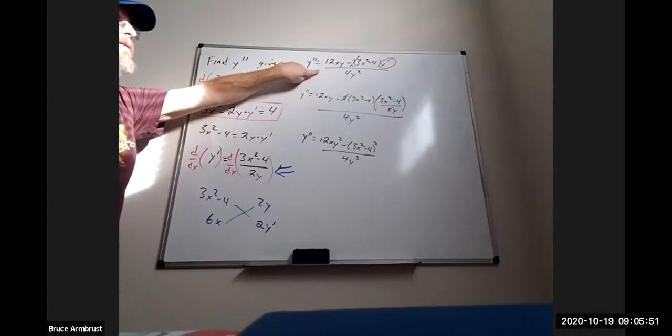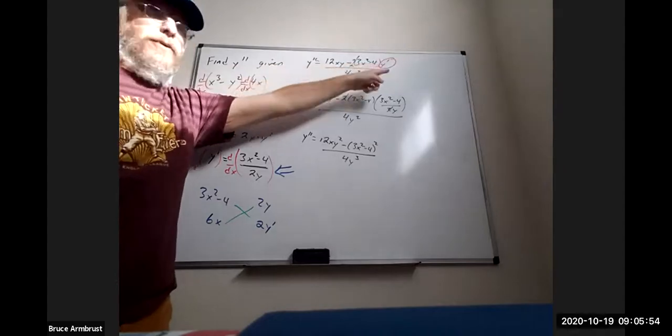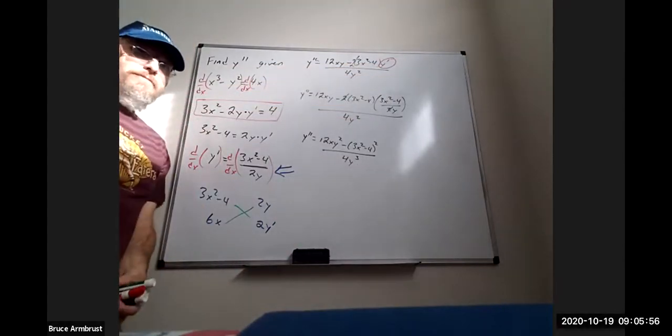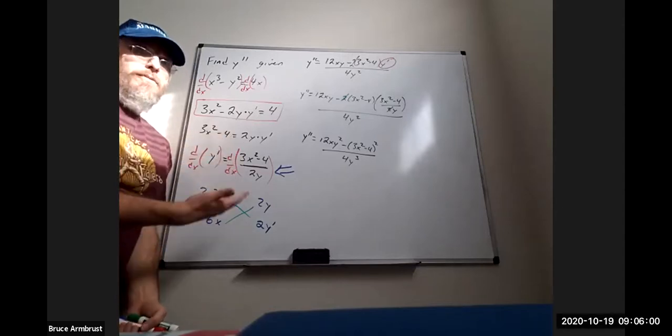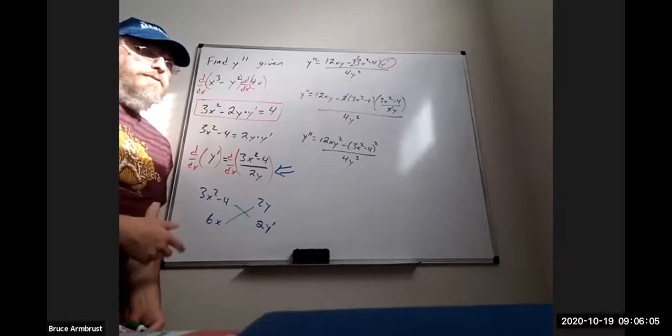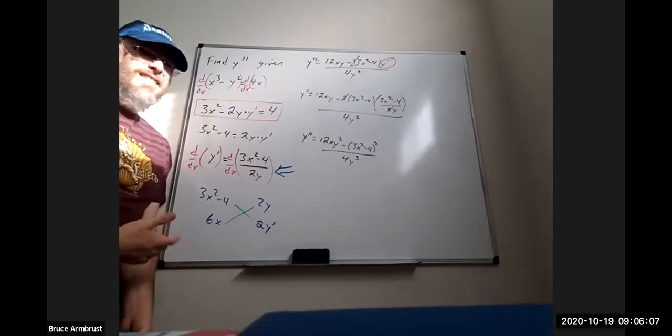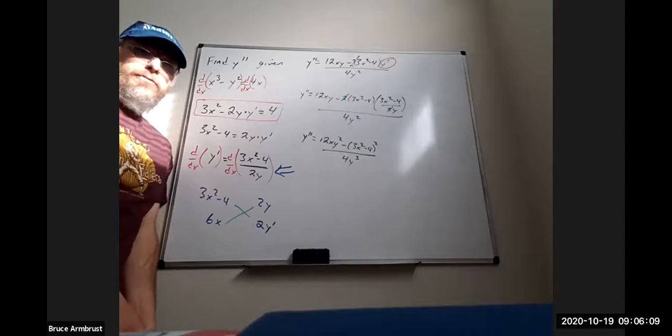We still would have gotten there, but we wouldn't have had y prime to substitute in, and we would have had to find it. So we might as well find it on the way. All right, so it still would have worked out. We still would have gotten the same thing, just a little bit faster, I think, to go ahead and solve for y prime.